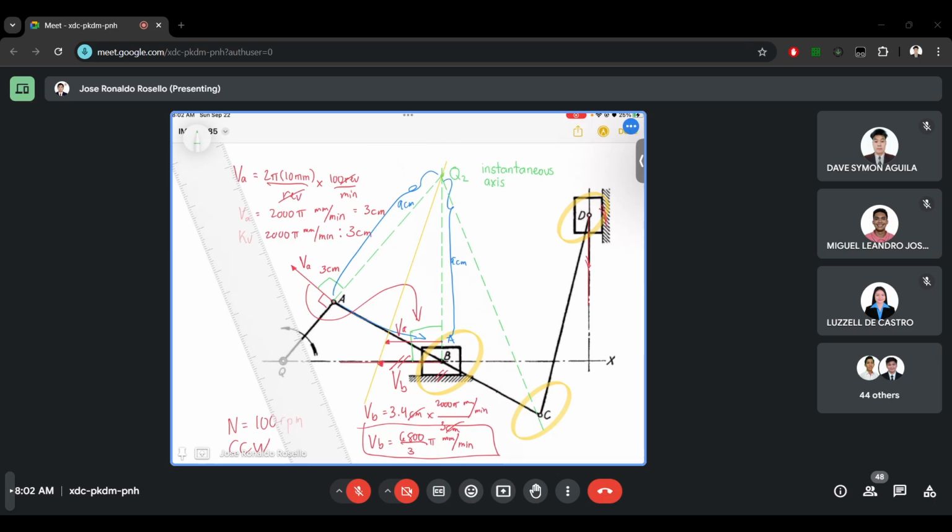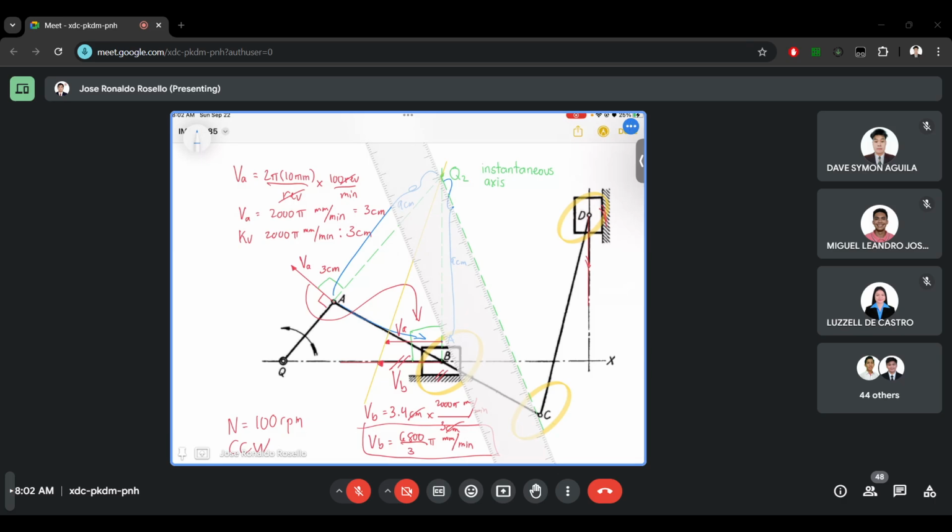Then we will use the same method as we used on point B. So let's just project point A also. Point A, we know that it's 9 centimeters from Q2 going to C. So it's the same thing.